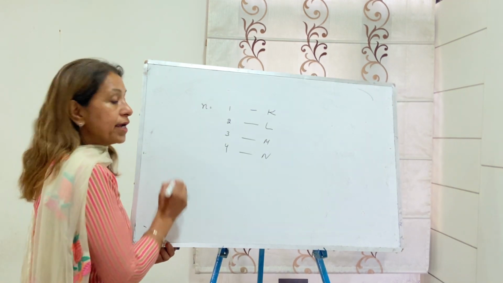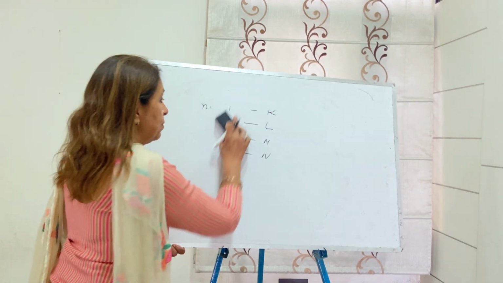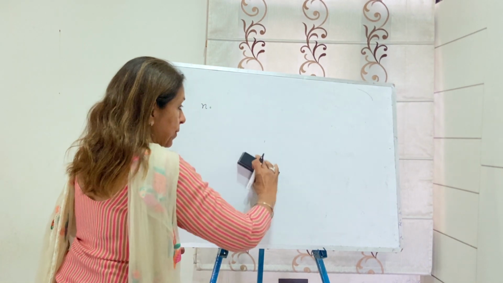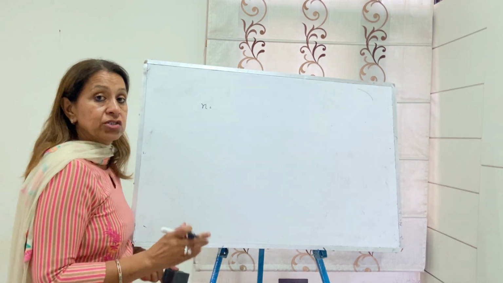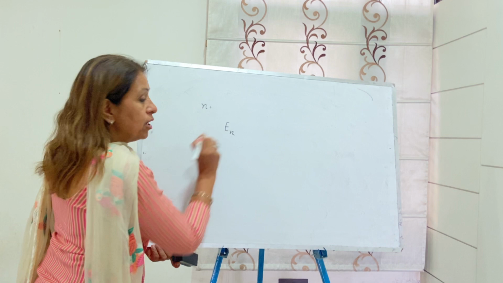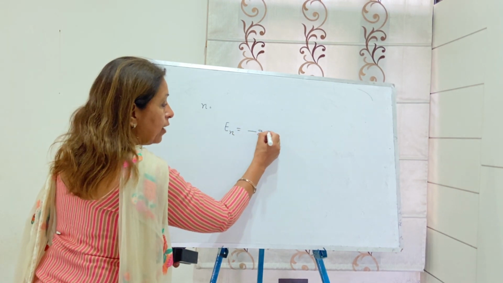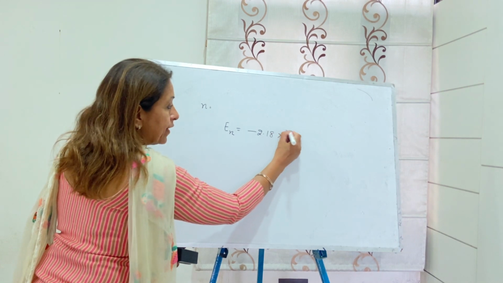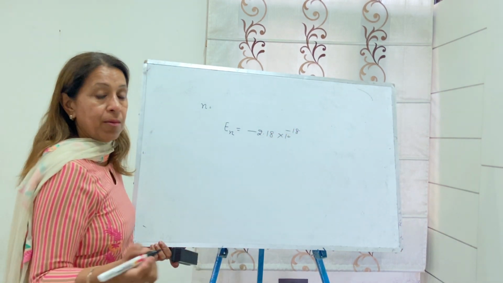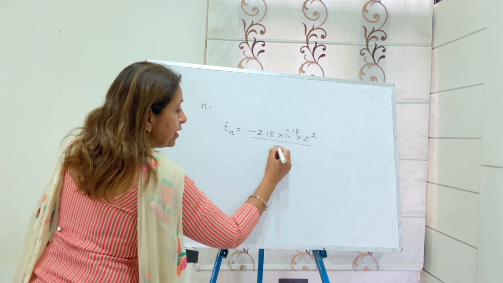Write down. The second information given by this quantum number is the energy of each shell, and you know how to calculate the energy of an electron present in various shells by applying the formula minus 2.18 into 10 raised to power minus 18 into Z square by N square.